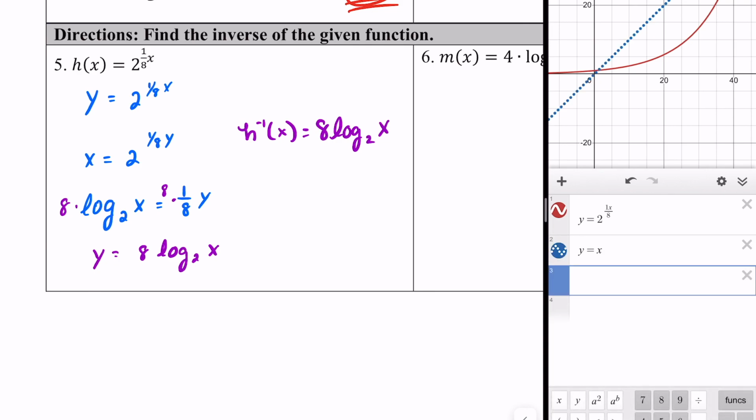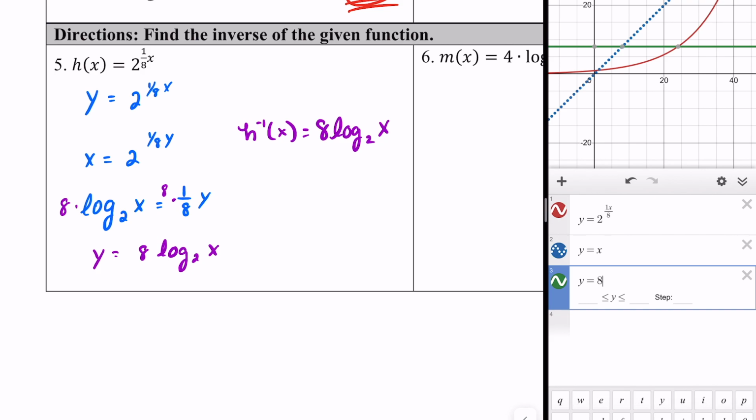So let's take a look at this logarithm. Here we go. y equals 8 log, a little tougher on these things, log like that.